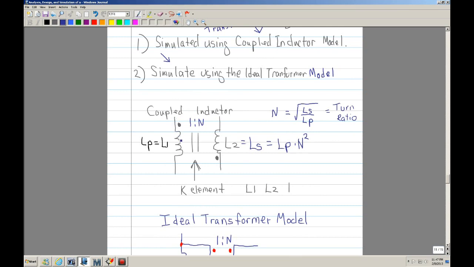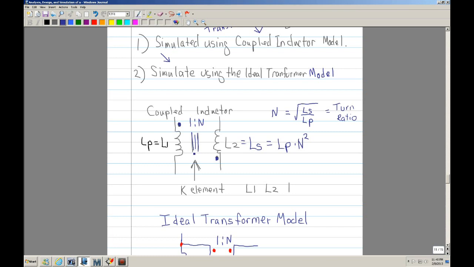Basically, you have an inductor primary, you have a secondary inductor, and for a flyback, we need to make sure that the dots are reversed or out of phase. Once you have that, you need a K element. Usually it looks something like this.